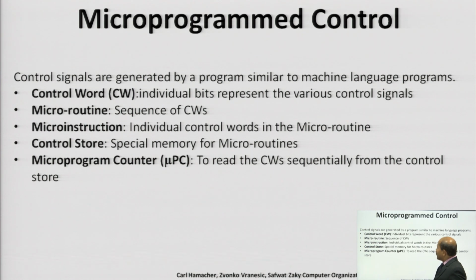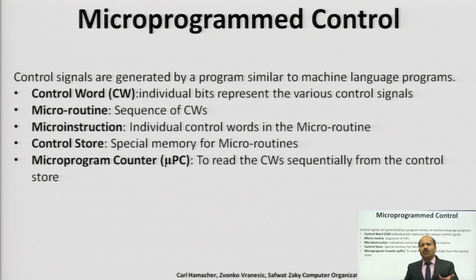So, let us talk about a few abbreviations which are used in microprogram control. First is the control word, represented as CW. A control word is a set of individual bits representing the various control signals, and a microroutine is a sequence of control words.